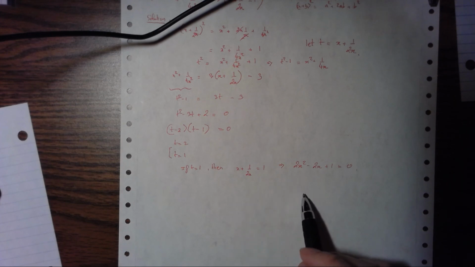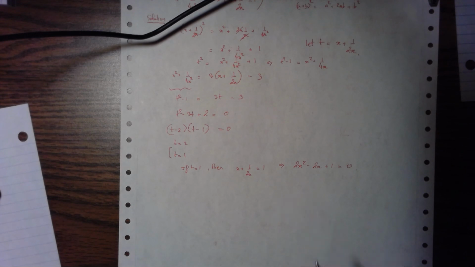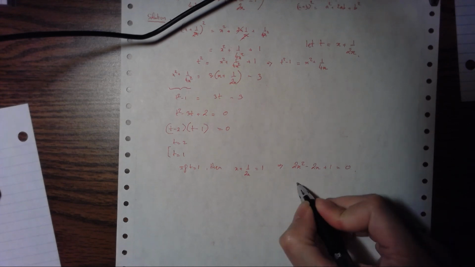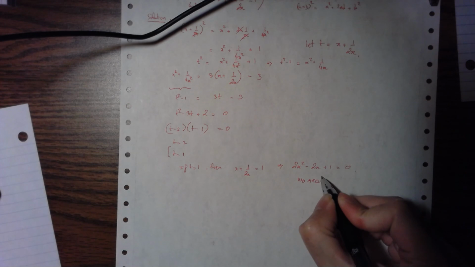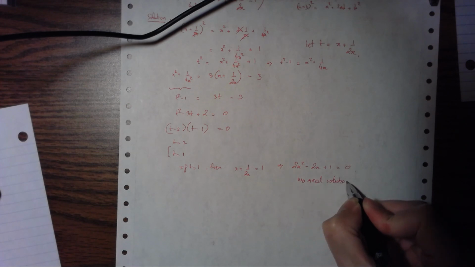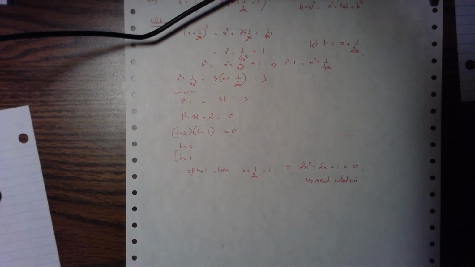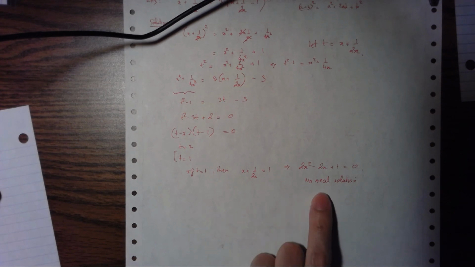So you have a solution, but it's an imaginary solution in this case. So over here you have no real solution. But if you want to get the imaginary one, you can use the quadratic formula over here, you can get it.